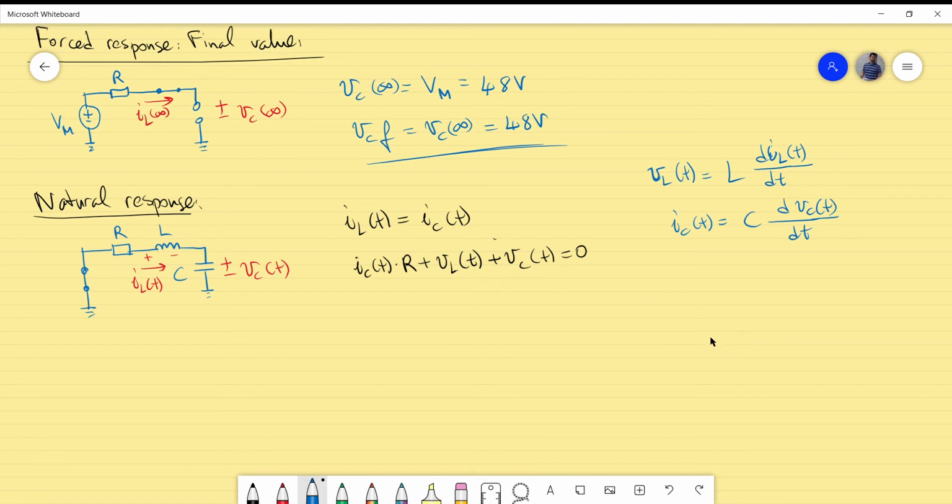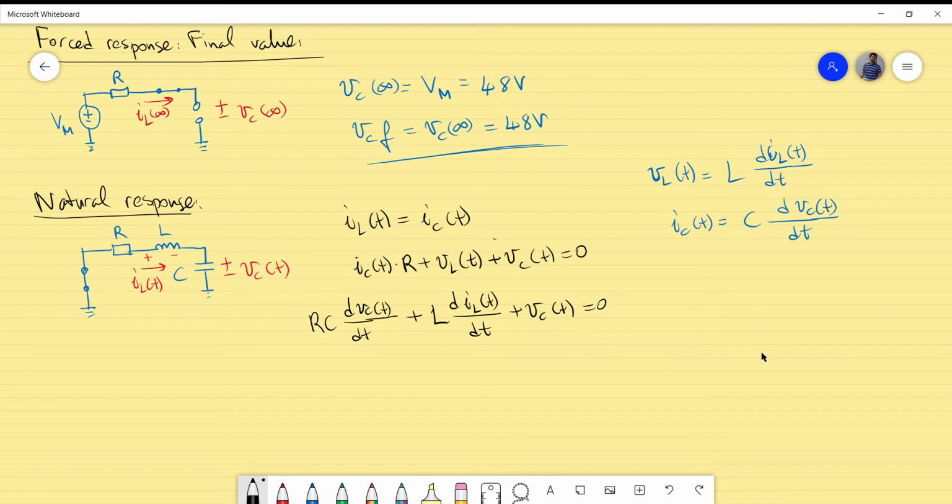result. So I will have R times C, and the first derivative of the capacitor voltage, for the first term. The VL will be L times the first derivative of the inductor current, and I will keep the VC because I would like to have a differential equation with only the variable VC in place and all constants.